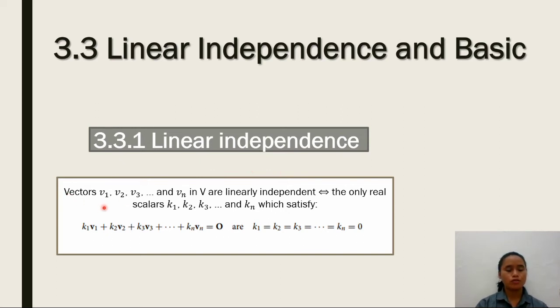Vectors v1, v2, v3, up to vn in V are linearly independent if the only real scalars k1, k2, k3, up to kn which satisfy the formula k1 times v1 plus k2 times v2 plus k3 times v3 up to kn times vn equals 0 are k1 equal k2 equal k3 up to kn equals 0.